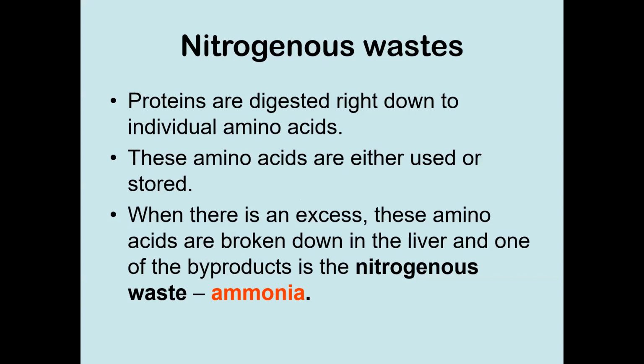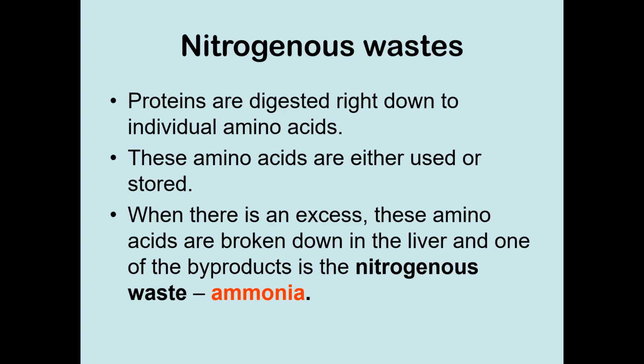So we have all sorts of wastes in our bodies. One of the main ones is carbon dioxide, which we breathe out. The other major one is what we call nitrogenous wastes. Now, as you know, proteins are made up of amino acids, and amino refers to nitrogen.